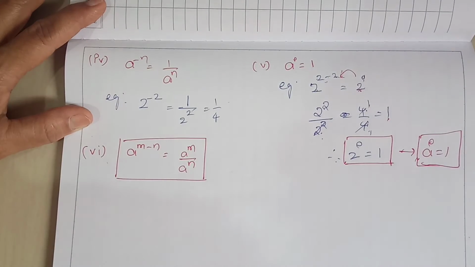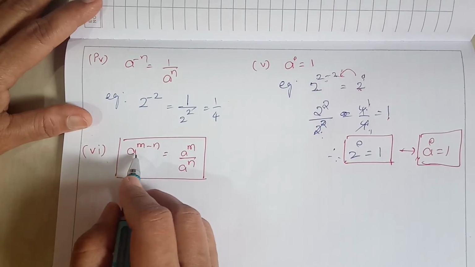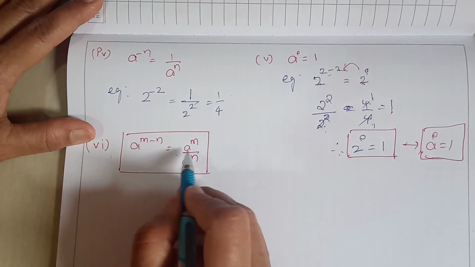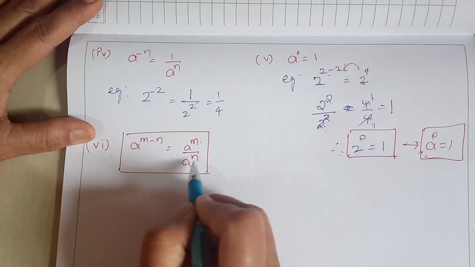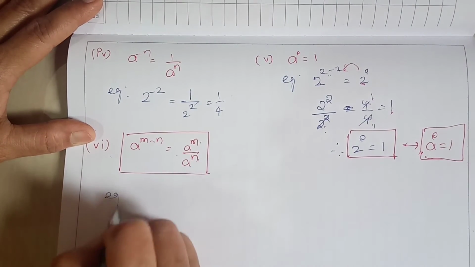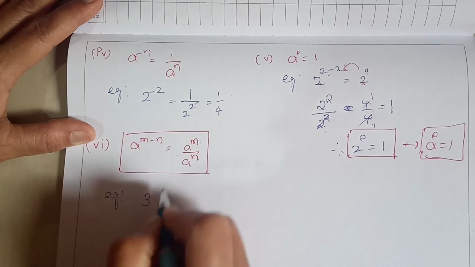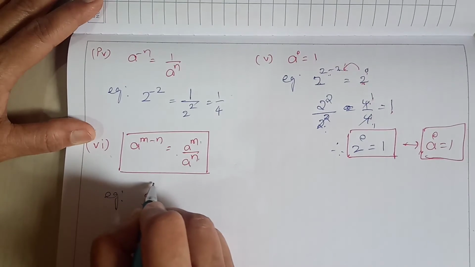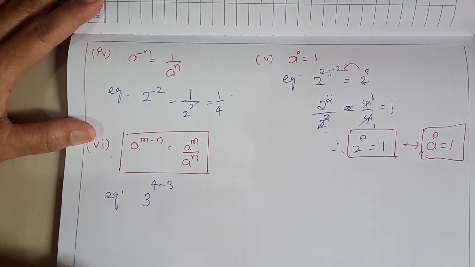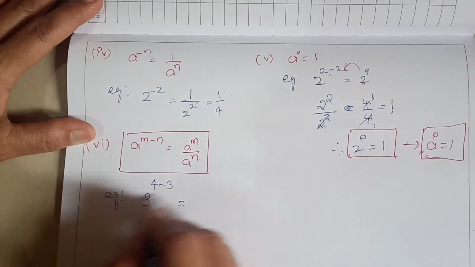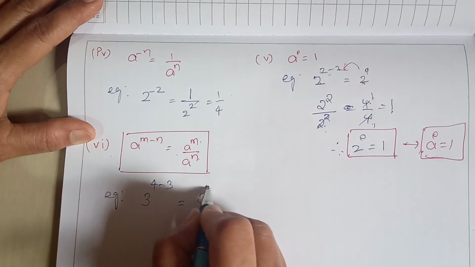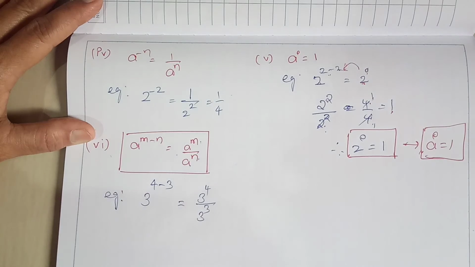And this is one more formula: a to the power m minus n is equal to a to the power m by a to the power n. Suppose an example, 3 to the power 4 minus 3. Then 3 to the power 4 by 3 to the power 3.